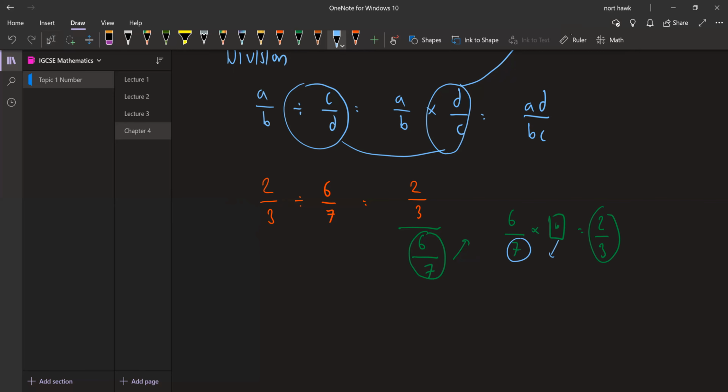7 has to go away first. So I'm certain that because there's no 7 here, whatever is here must have 7 in the numerator.